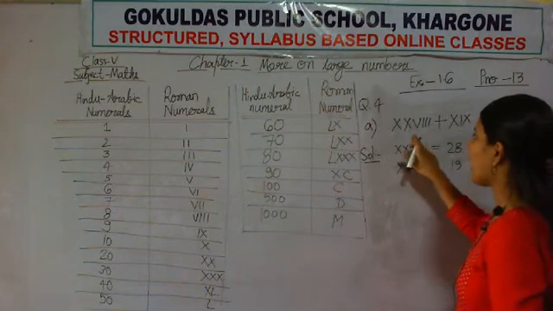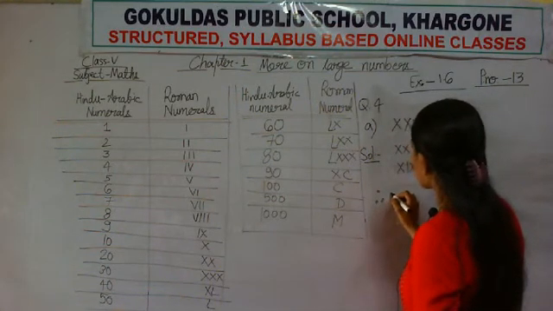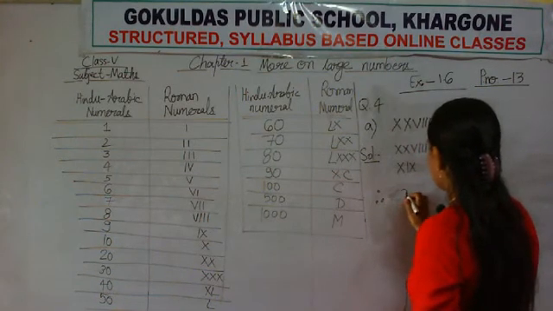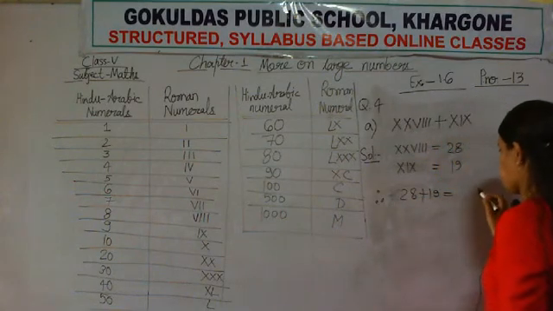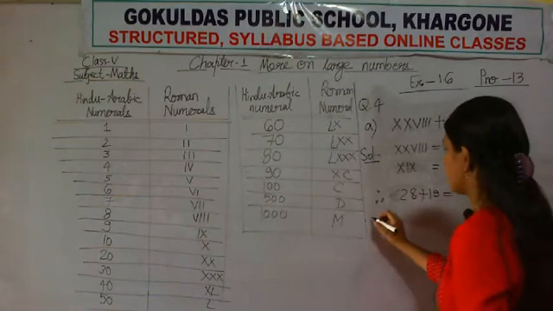Now you want to do the addition of these two. When you add 28 plus 19, what will you get? 47.